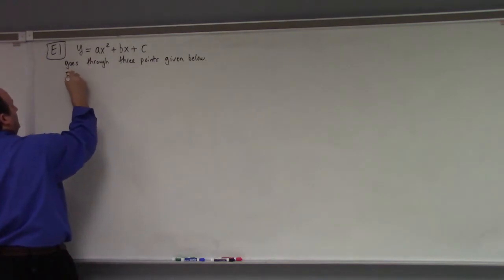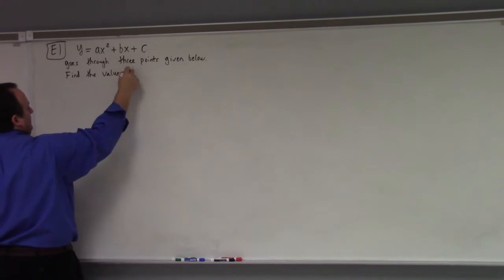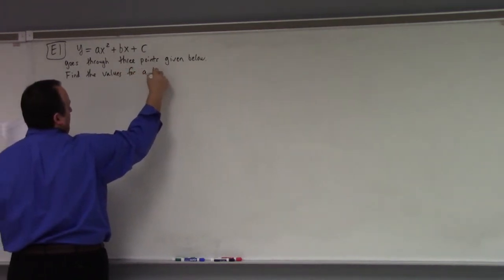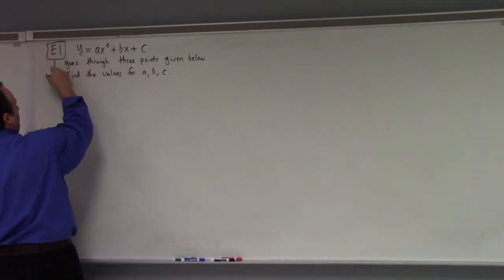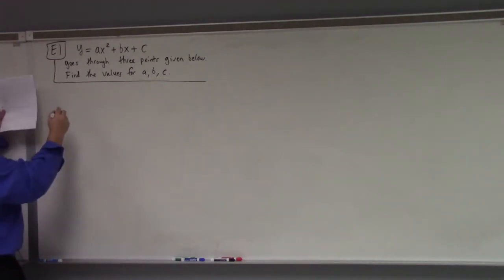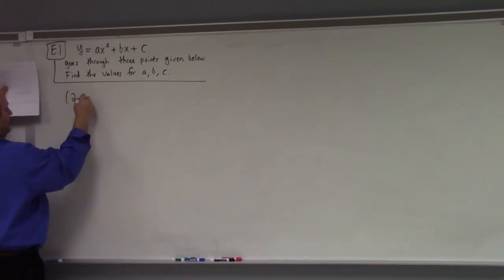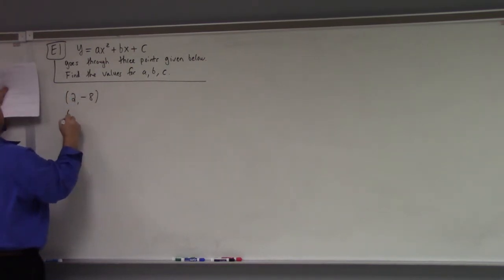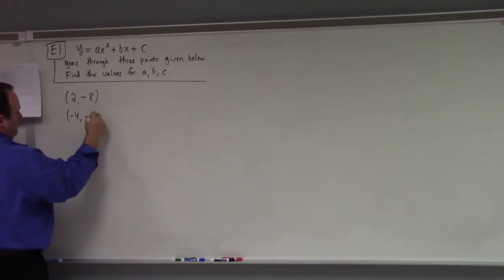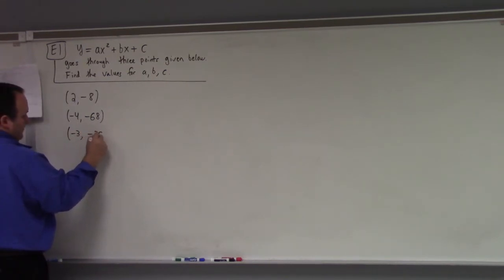Find the values for a, b, and c, all right? The points which are given are (2, -8), (-4, -68), and (-3, -38).